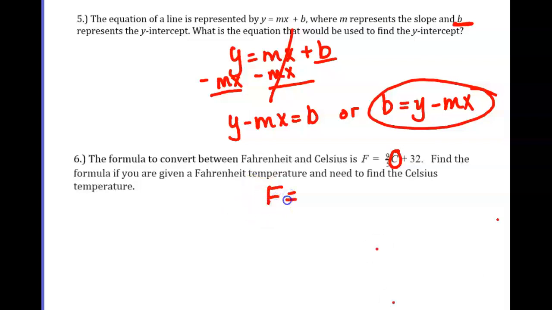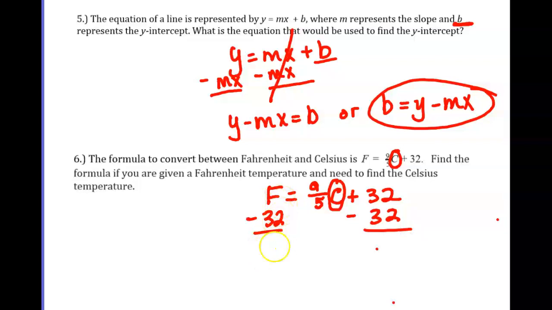F equals 9/5 C plus 32. The first thing we're going to do, since we're solving for C, is subtract our 32. When we do that, on the left we have F minus 32 equals 9/5 C. To get C by itself, we really want to divide by 9/5, but that's the same as multiplying by the reciprocal.